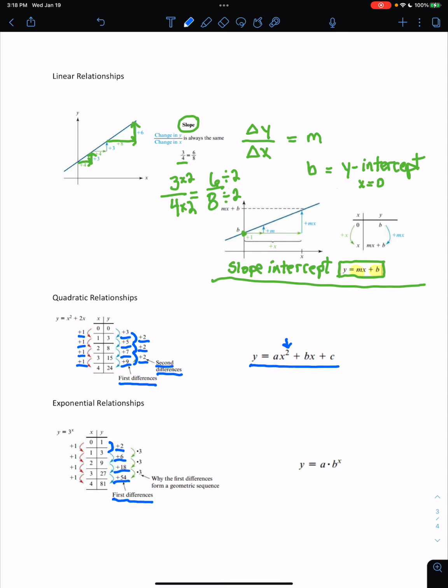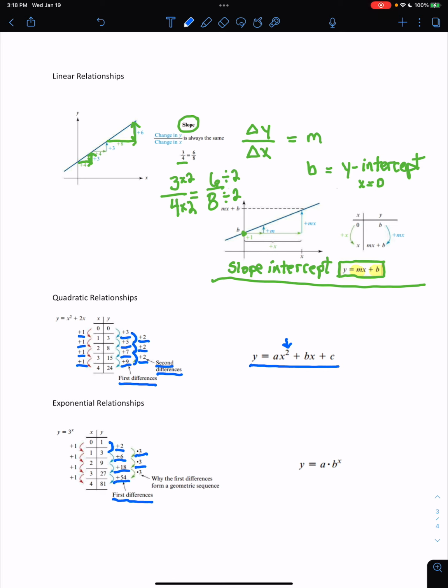However, what we can see is that if instead of looking at adding from 1 to 3, 3 to 9, instead we look at multiplying, we can see that to get from 1 to 3, we multiply by 3. To get from 3 to 9, we multiply by 3.